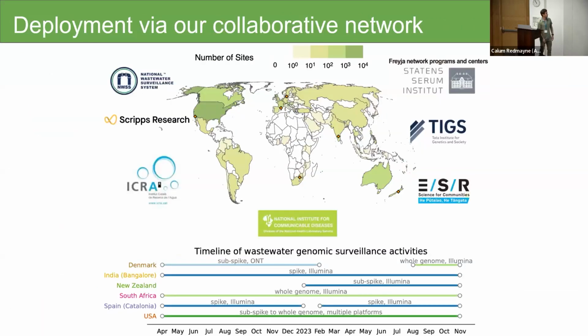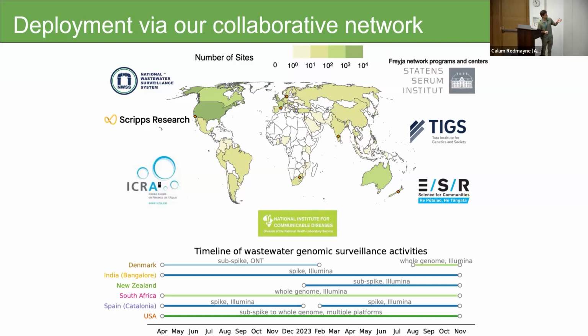So to further deploy this in a larger global setting, we worked with a lot of collaborators, many of which are using Freya, and we've been in discussion with for the last few years, basically trying to test out this approach across different research institutes across the world to see how well this plays.